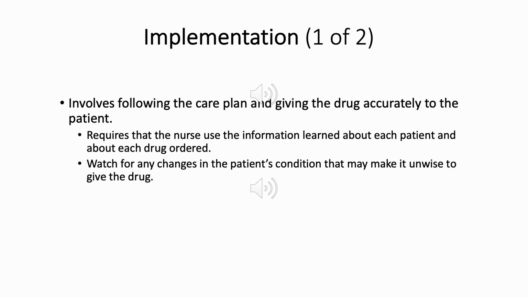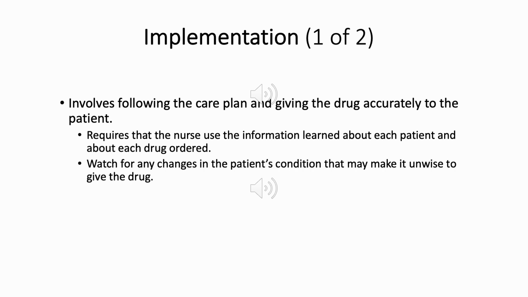In planning the patient's care, you learned why each drug was ordered, the drug's action, and how to safely give the drug. If you apply this knowledge during implementation of the plan, for example, if you are giving an angiotensin-converting enzyme inhibitor to a patient with high blood pressure, you will need to check the patient's blood pressure before giving the drug.